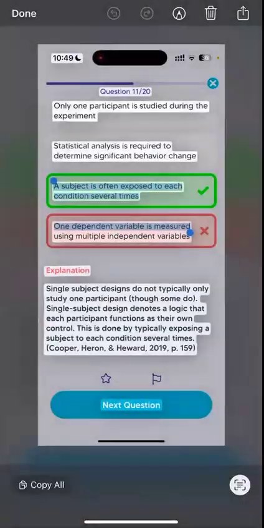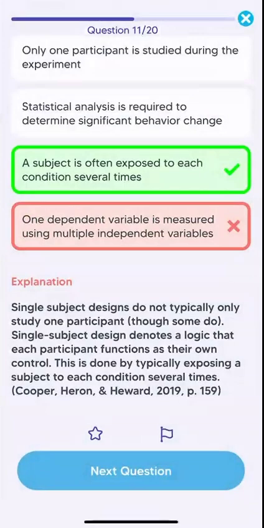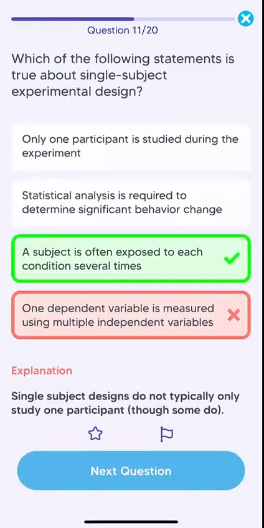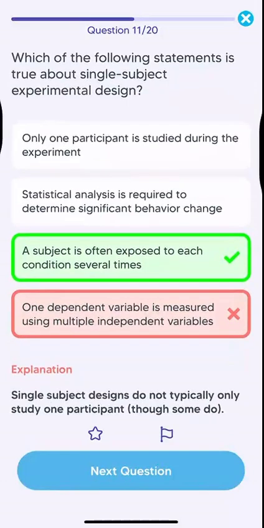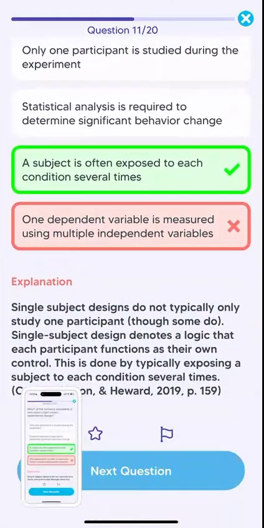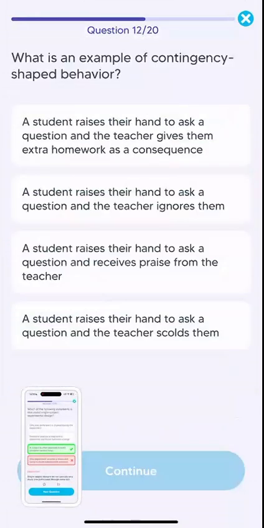Single subject design does not typically study only one participant, though some do. Single subject design denotes a logic that each participant functions as their own control. This is done by exposing a subject to... It's very long. No, we need to study it. I will wait for you until tomorrow. Okay. Yeah.